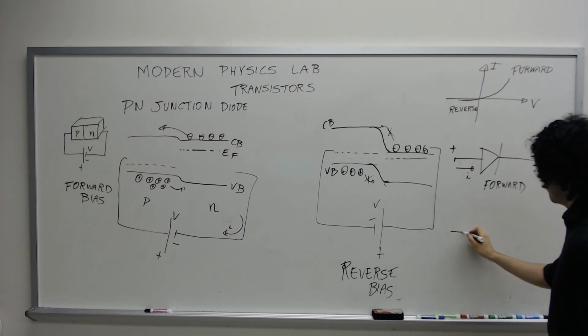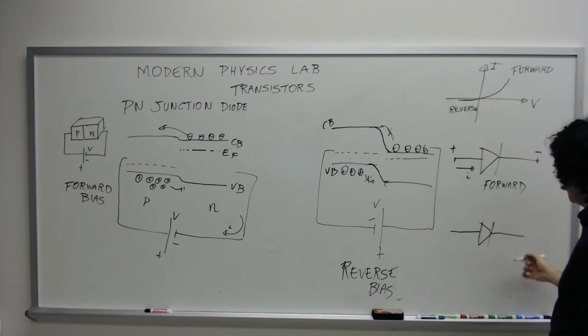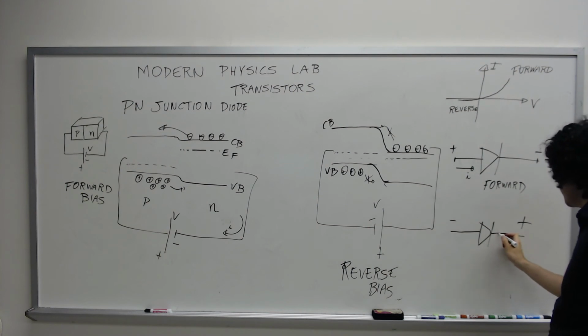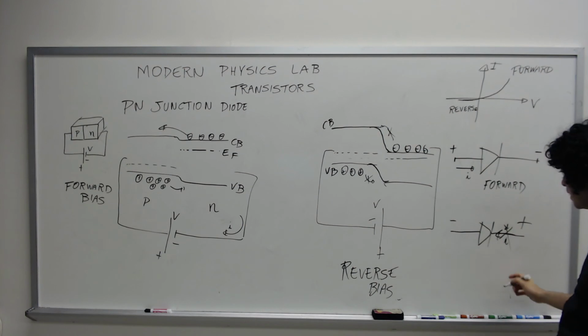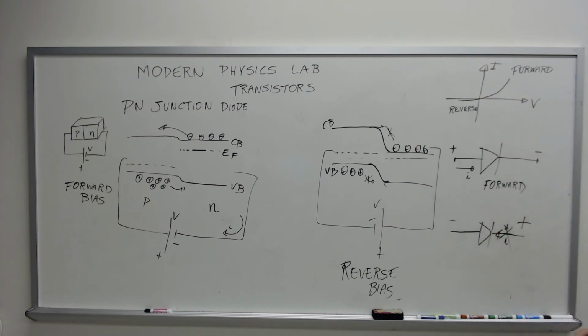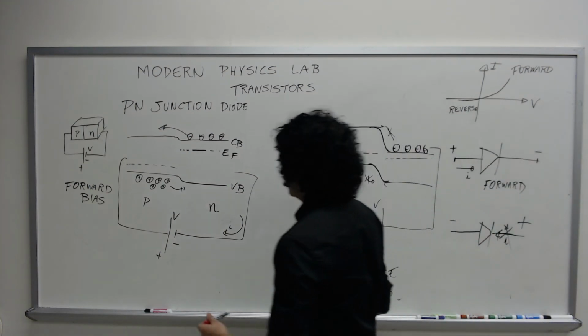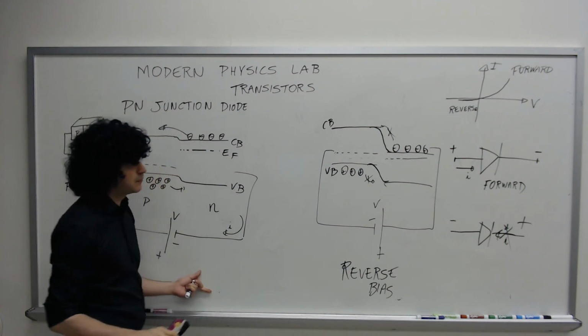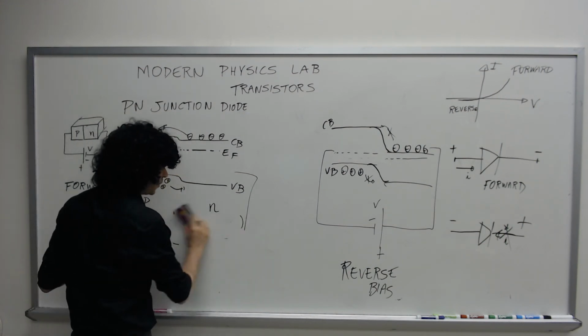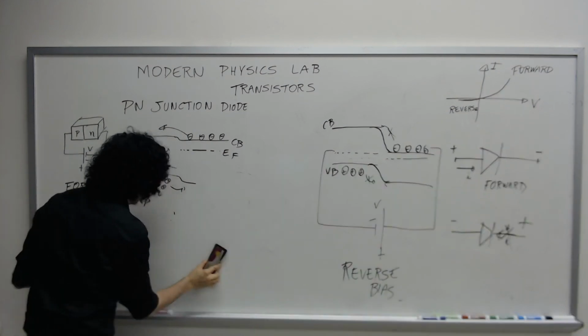So if you're trying to apply a reverse bias, here plus, here minus, the current will not be able to flow in this direction. So there's a stop here. So it's a unidirectional electronic device.